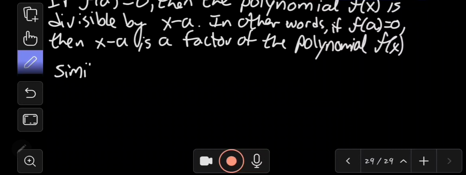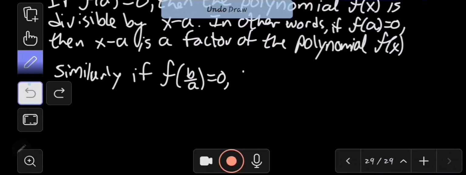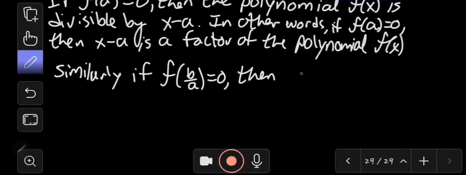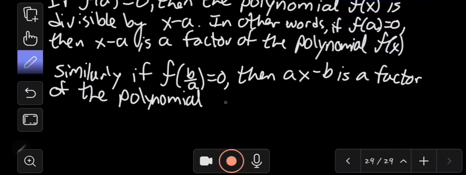Similarly, if f of b over a equals 0, then ax minus b is a factor of the polynomial f of x.